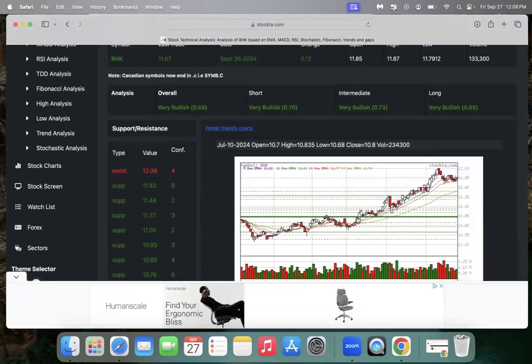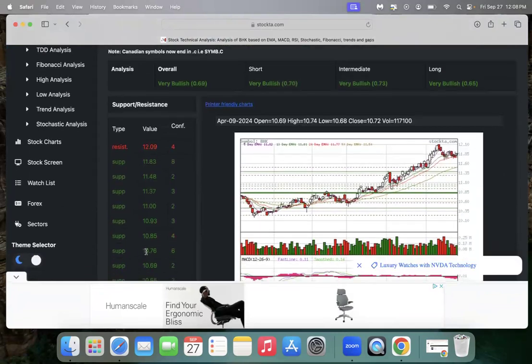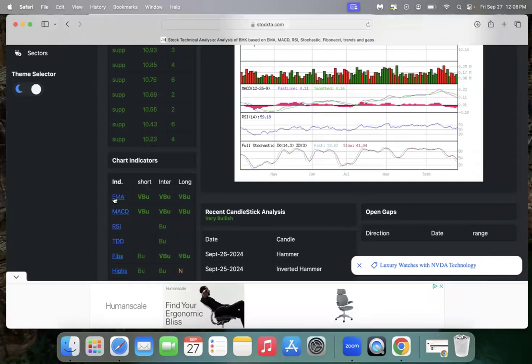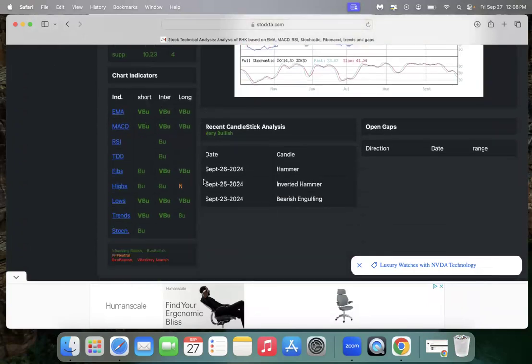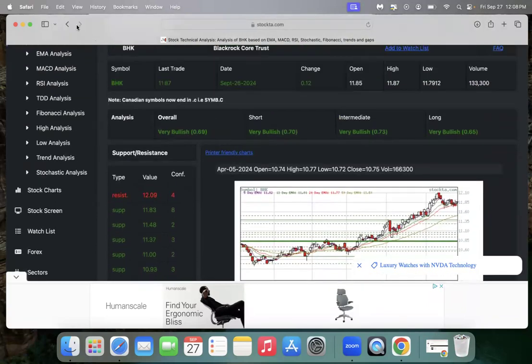It has broken out a little under 1085. And that's where you see, yep, support 1076, 1085, 1183. There's a medium level support again. And EMA, bullish, MACD, very bullish, very bullish. So that is a stock that has been trending up lately.